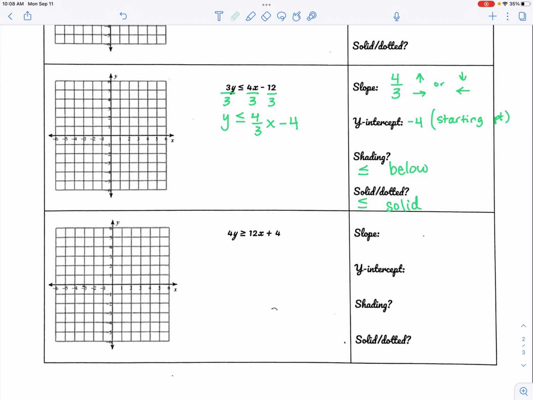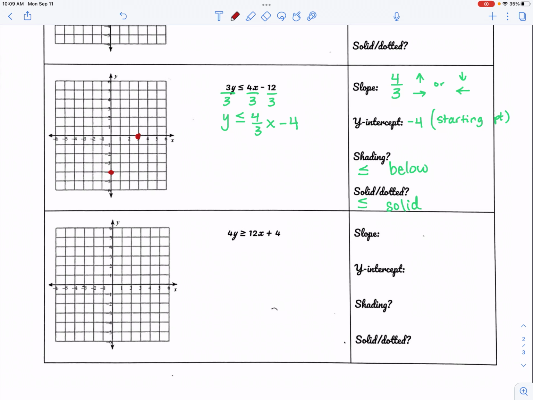So starting at -4, I cannot go down 4 and 3 to the left, so I'm going to go up 4. 1, 2, 3, 4. And then 3 to the right. 1, 2, 3. And there is that.